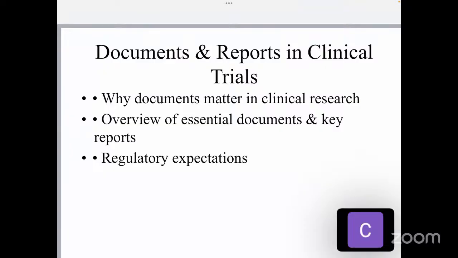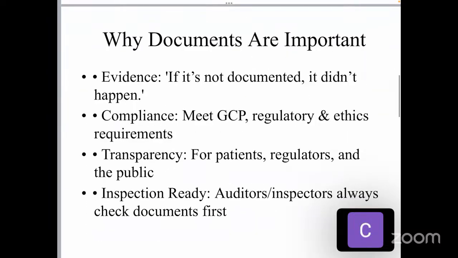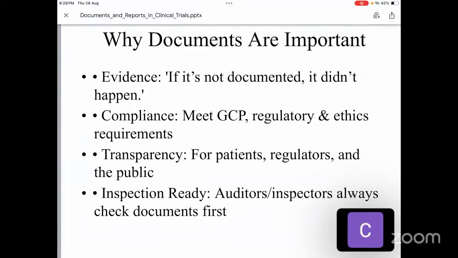So documents and reports in a clinical trial, as I explained, we generally divide into planning, conduct, and after. So before, during, and after. So why do documents matter in clinical research, right? First line, read it, because this is evidence. If it is not documented, it never happened.